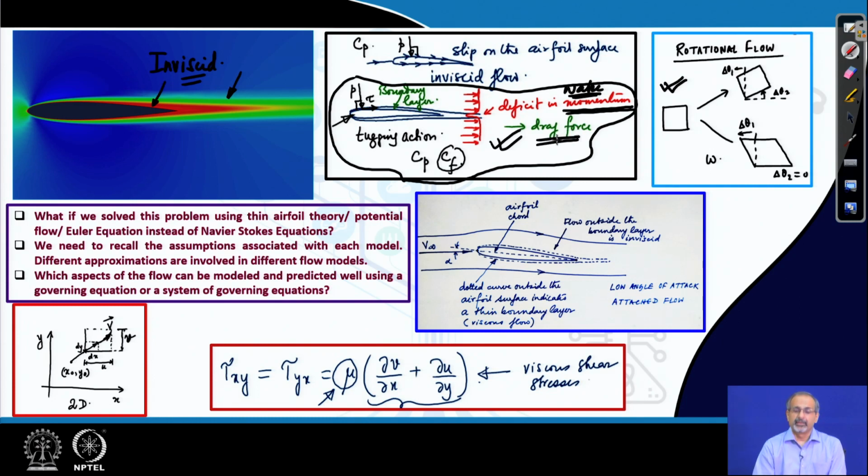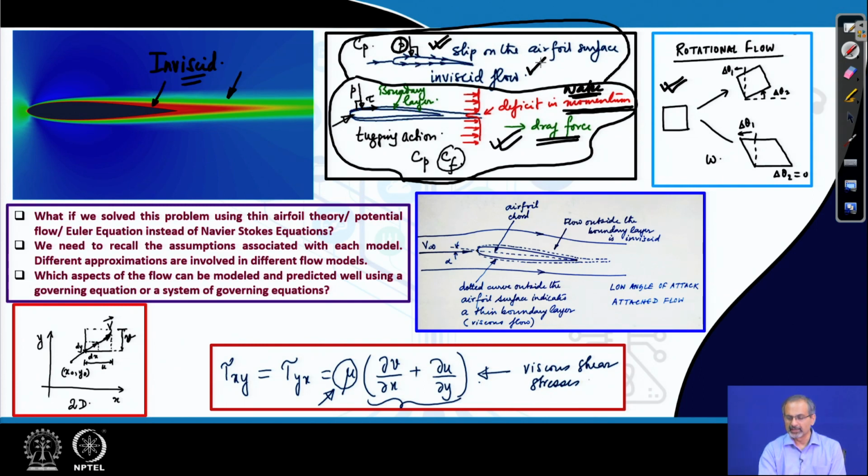But if you were to look at a completely inviscid model including the flow around the airfoil, then there would only be a normal stress acting on the airfoil through the pressure. There would be no shear stress, which is a tangential stress, and therefore, slip of the flow over the airfoil will also occur, because there is nothing that holds back the flow on the surface of the airfoil.